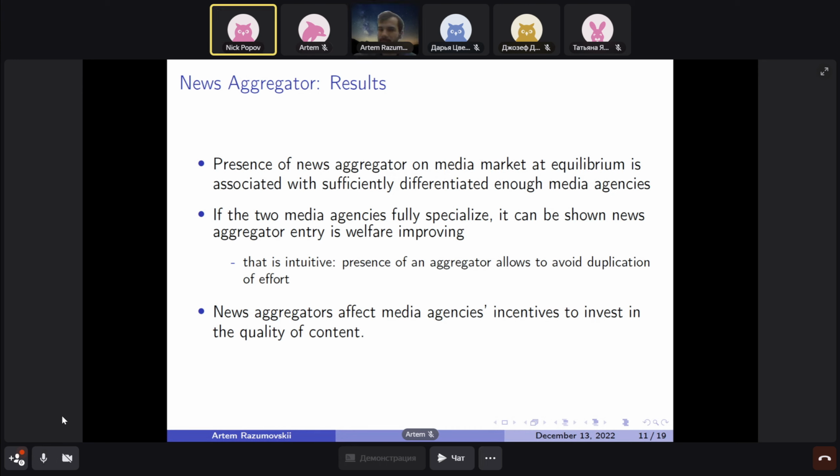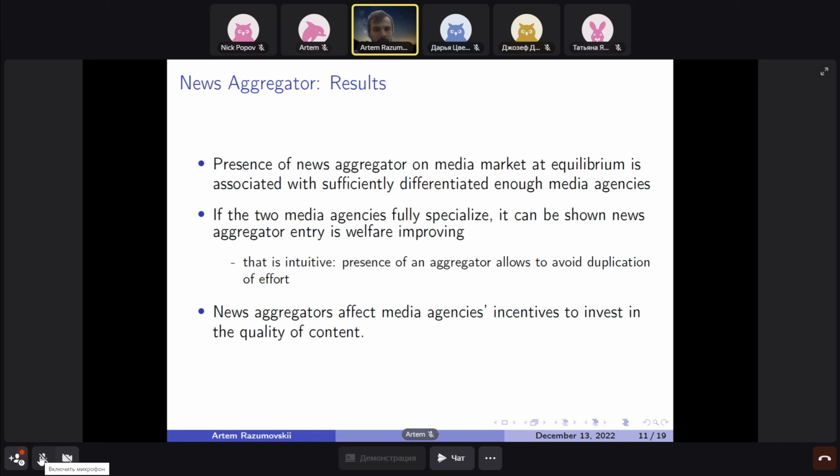Yes, but in this case, just the second bullet point, I don't really understand it fully. So why could the aggregator improve welfare? The aggregator improves the welfare for those who are in between because they get access to higher quality.